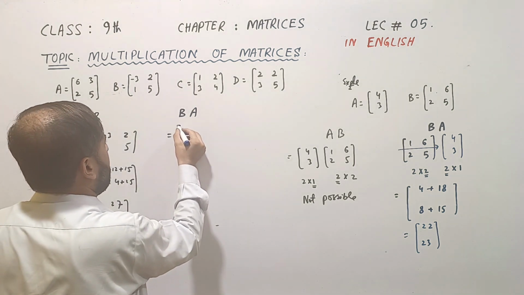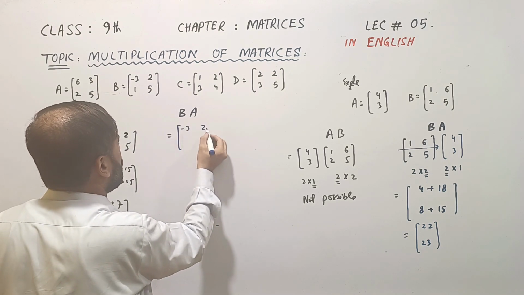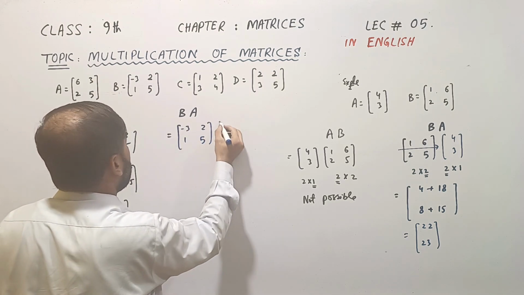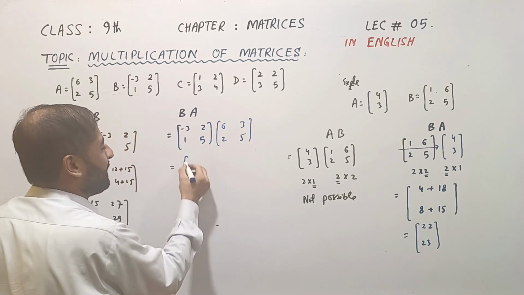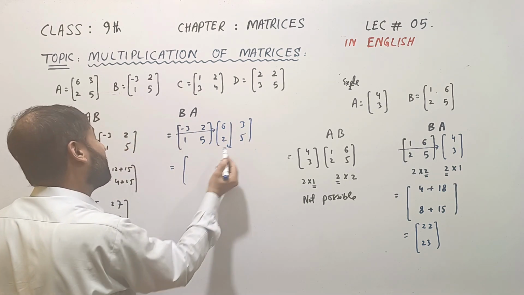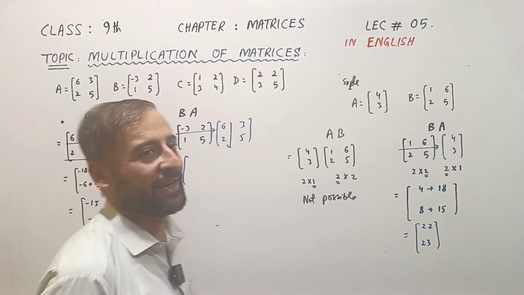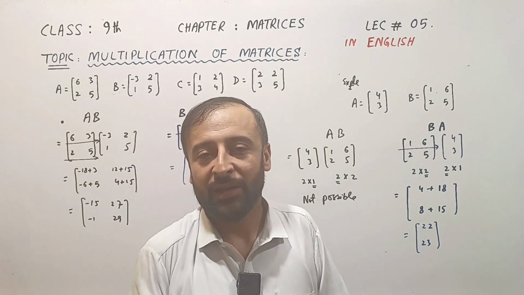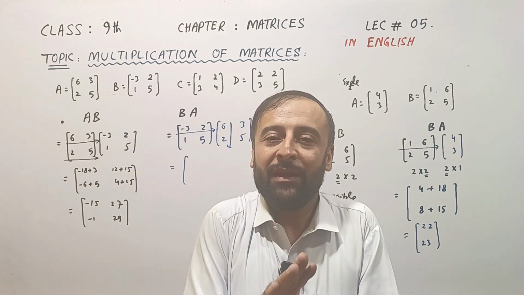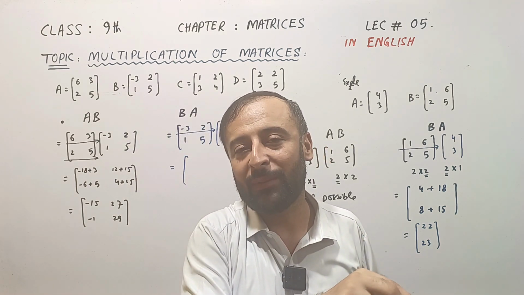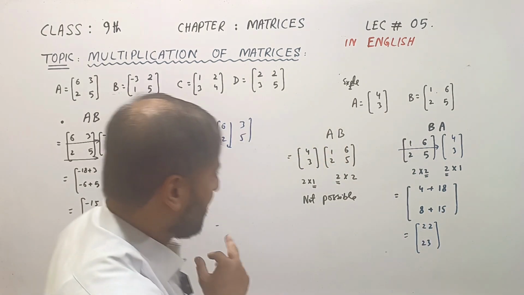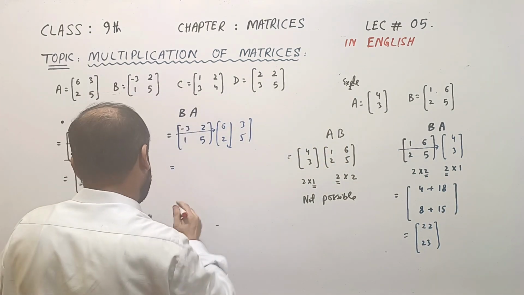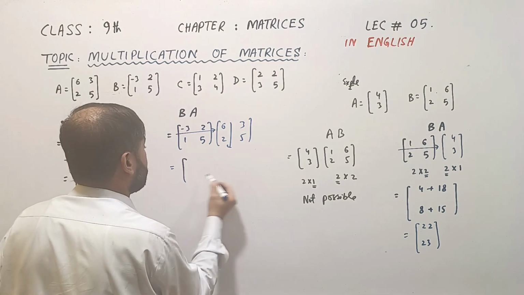BA. BA: minus 3, 2, 1, 5 times A: 6, 3, 2, 5. Multiply them, because order makes a difference in this case. The first element is multiplied with the first. So if you interchange them, in the previous case you multiplied 2 with 3, and now you will multiply 2 with 4, because the order has different elements.